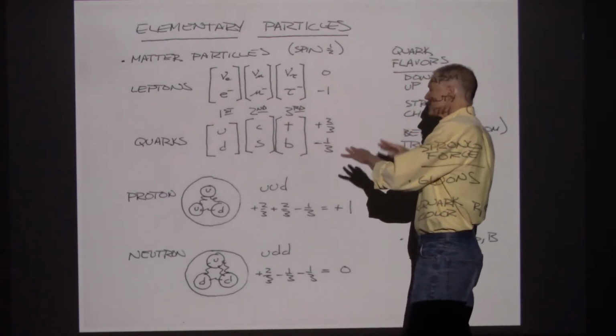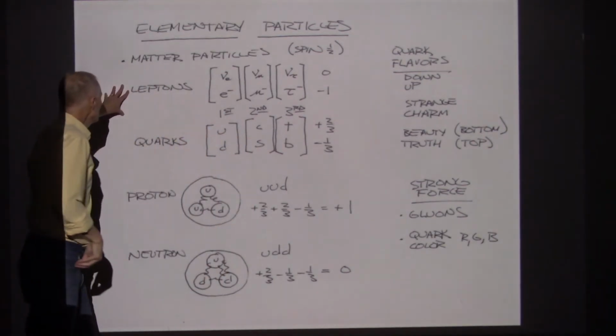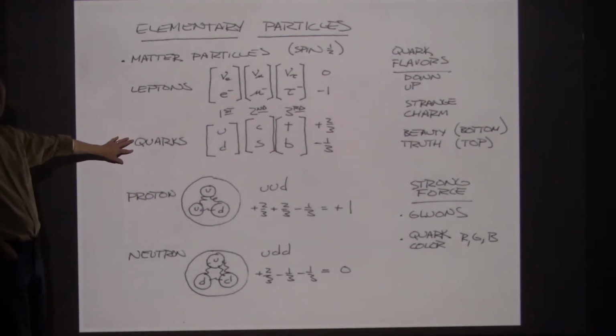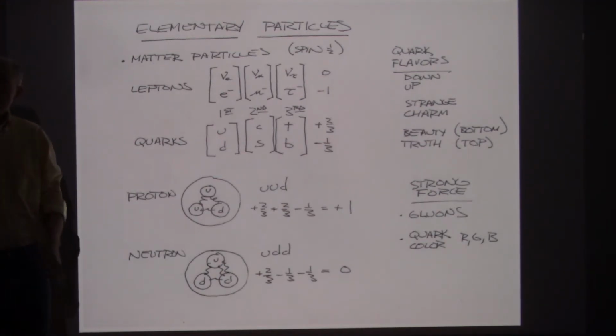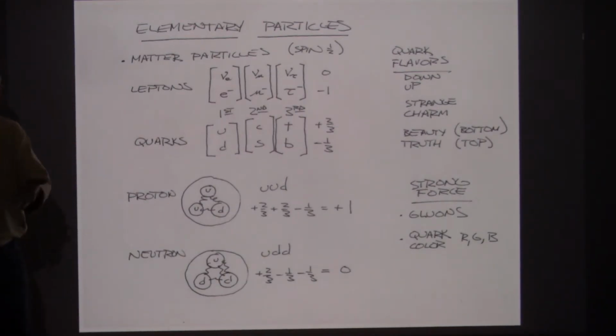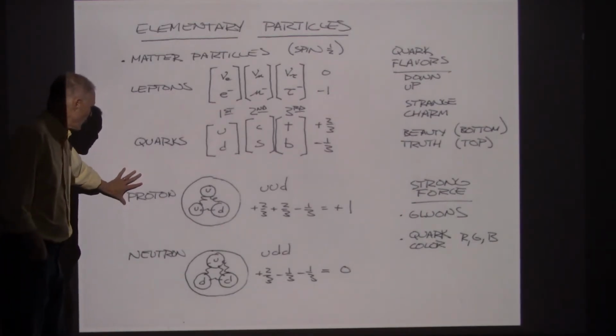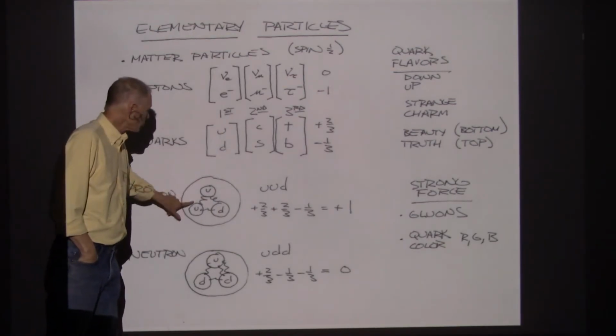Now there's a second set of fundamental particles. In addition to the leptons, there are what we call quarks. So quarks were suggested in the 1960s, and experiments, like what we showed with the Stanford Linear Accelerator, taking those high energy electrons and running them into protons, were able to demonstrate within the proton, within the neutron, the existence of quarks.